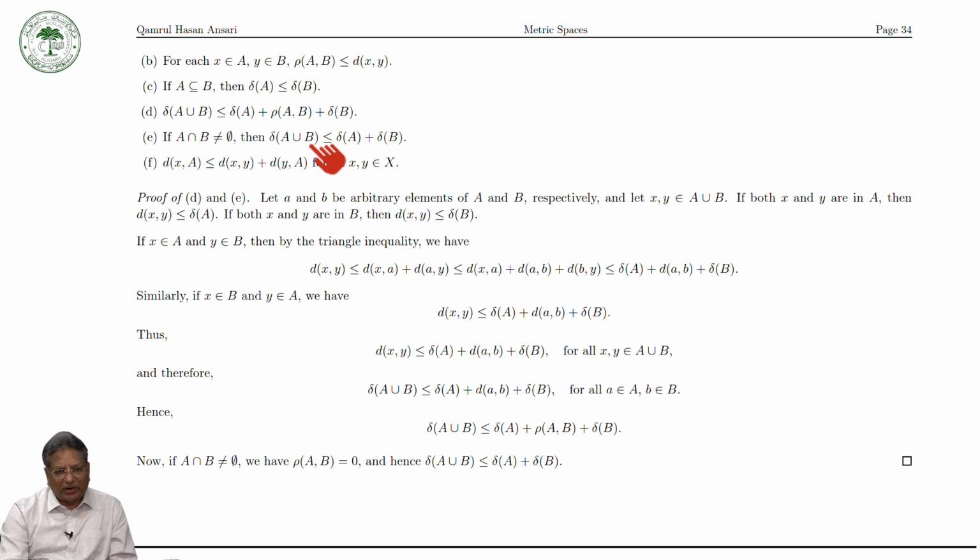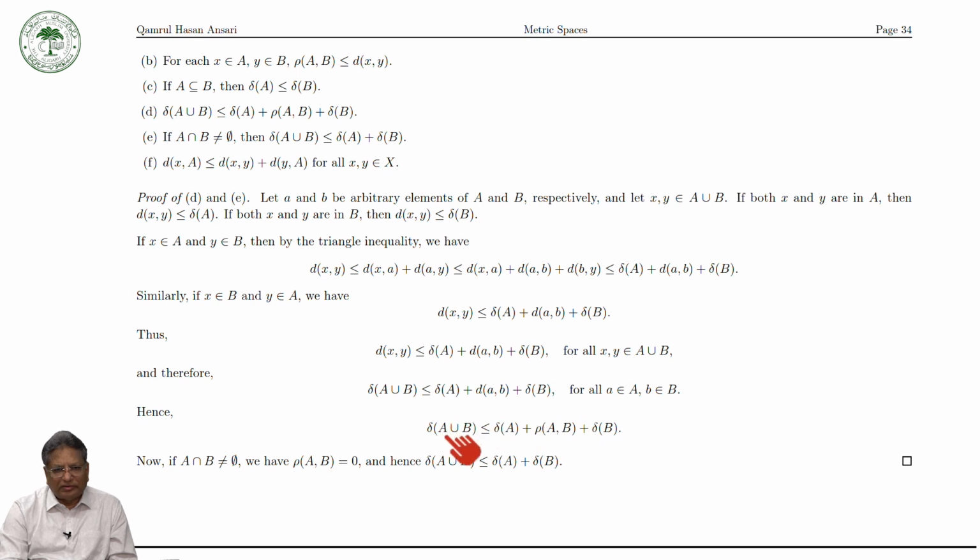And now for part A, we can see that if A intersection B is non-empty, then the distance between A and B is equal to 0, because the infimum distance is equal to 0, and so rho(A,B) is equal to 0.